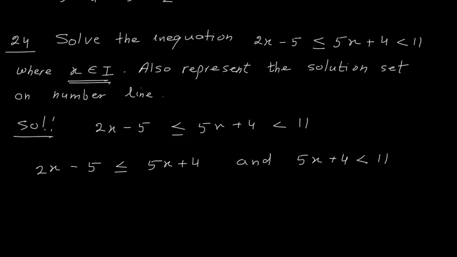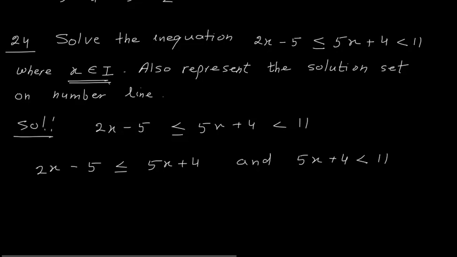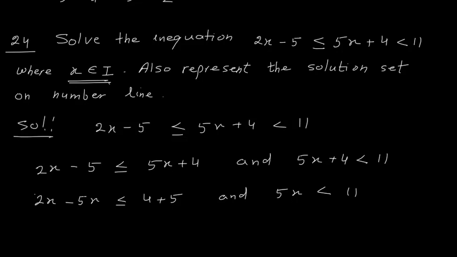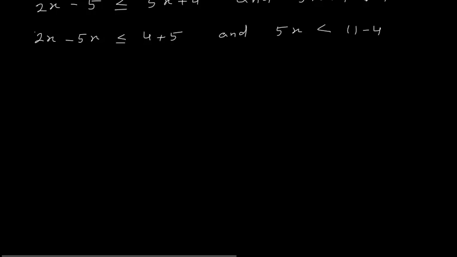Here, 2x minus 5x is less than or equal to 4 plus 5, and 5x is less than 11 minus 4. This 2x minus 5x is minus 3x, which is less than or equal to 5 plus 4, which is 9, and 5x is less than 11 minus 4, which is 7.